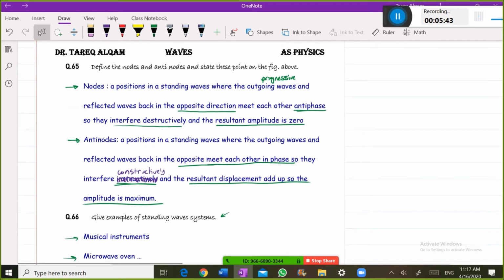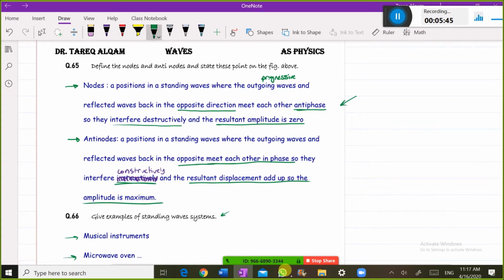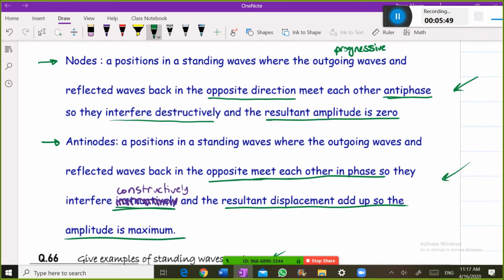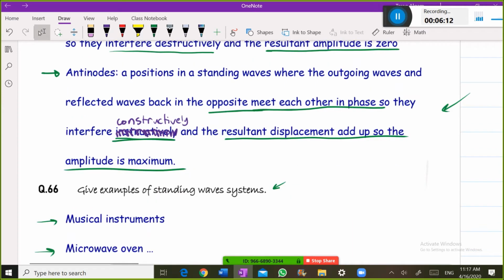Also, if you remember, we discussed the difference between nodes and antinodes. Antinodes are a result of constructive interference between outgoing waves and reflected waves. Nodes are a result of destructive interference between outgoing waves and reflected waves.